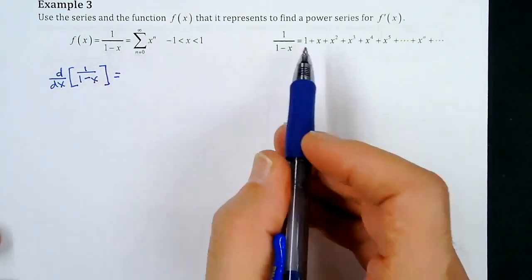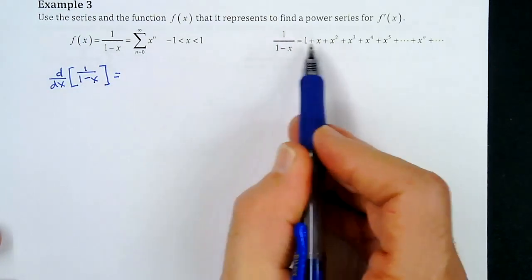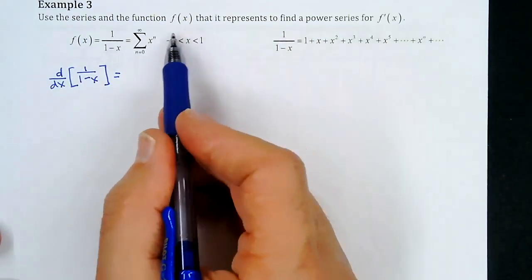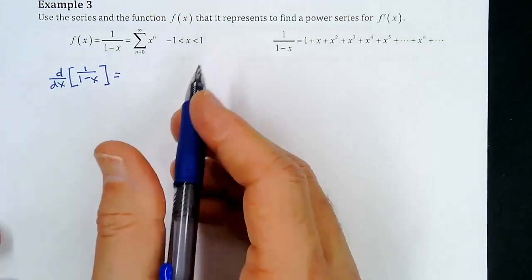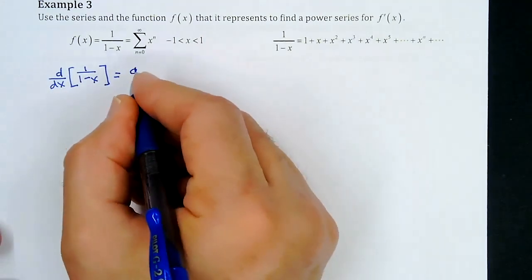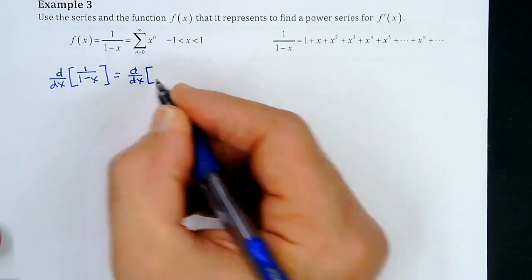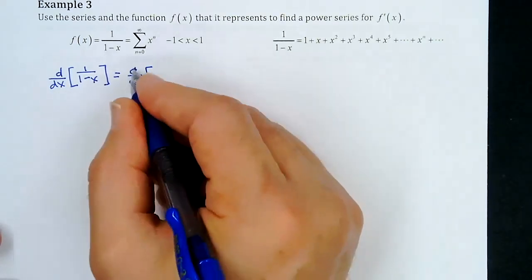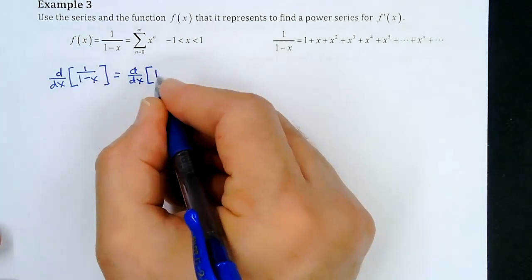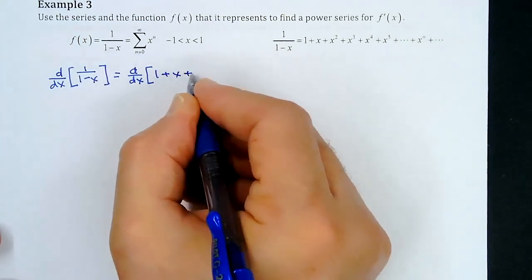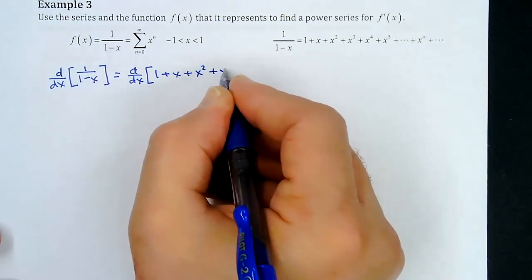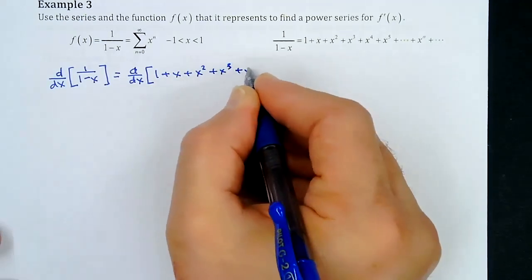Since this function and this series are the same on this interval of convergence, that means we could take the derivative term by term. Let me show you how we do that. This is going to be the derivative with respect to x of 1 plus x plus x squared plus x cubed plus x to the 4th.